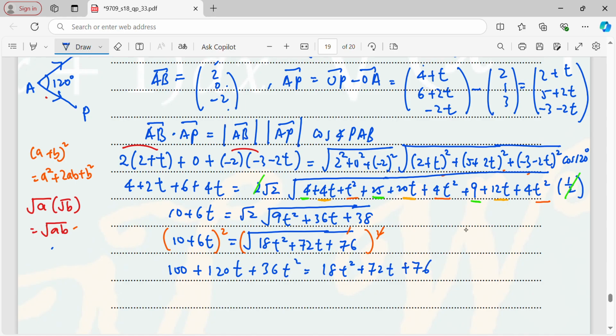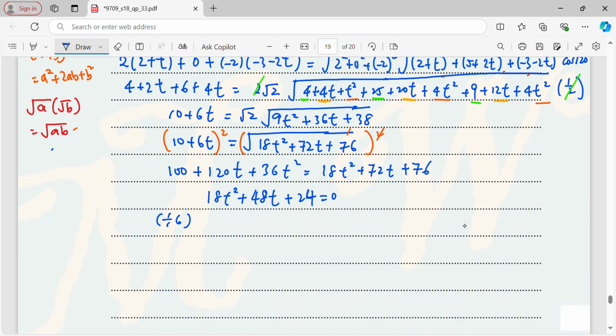So move all the terms to left side. 36t squared minus 18t squared is 18t squared. 120 minus 72, that is plus 48t. Then 100 minus 76, that is plus 24. And all of this can be divided by 6. Simplify first. Therefore, you are getting 3t squared plus 8t plus 4 equals to 0.